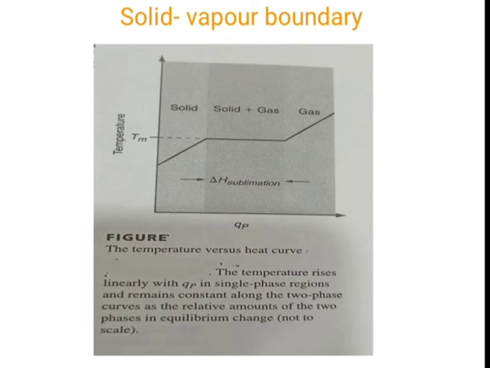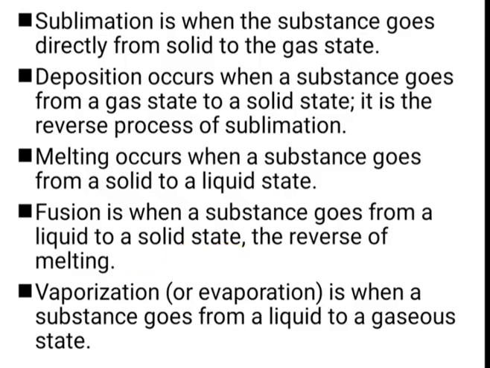Q is the heat and P is the suffix, sorry. So, QP represents the heat at constant pressure, and on the y-axis there is the temperature.